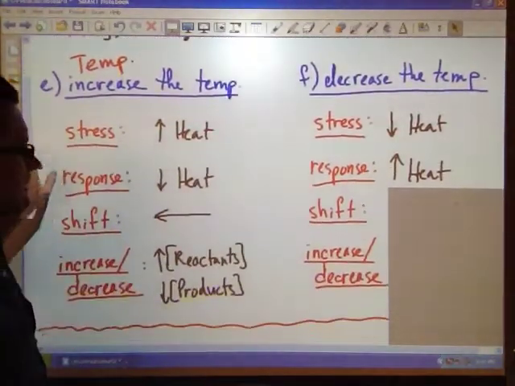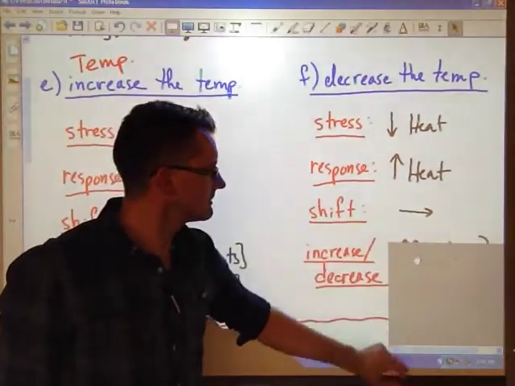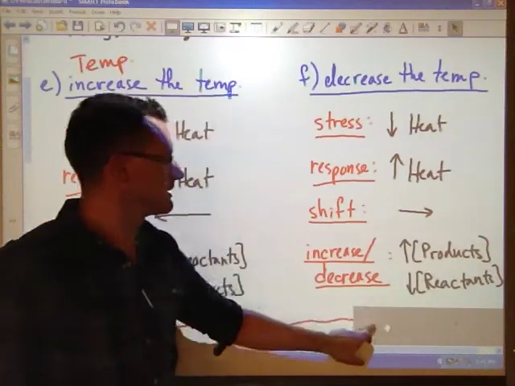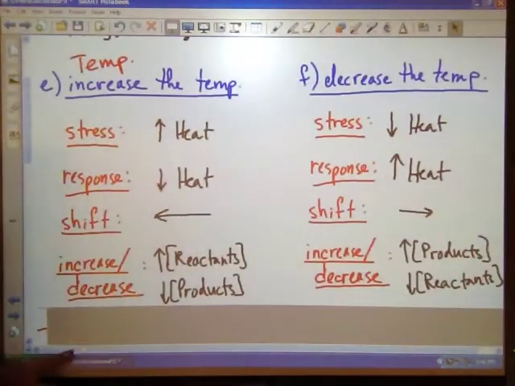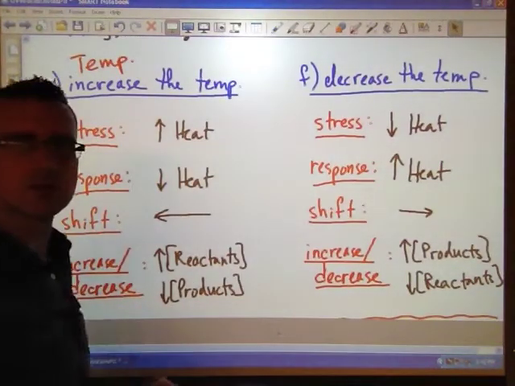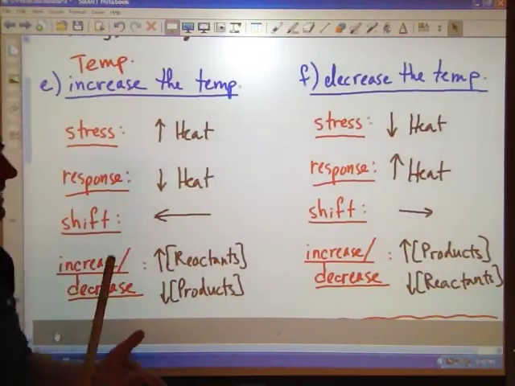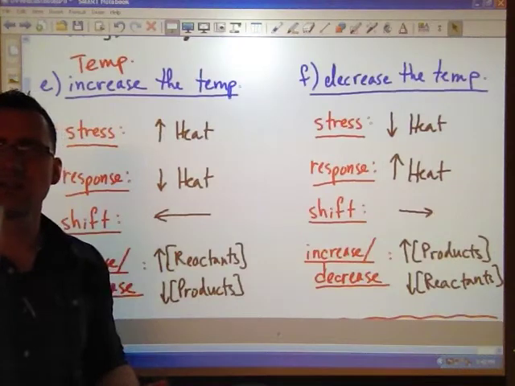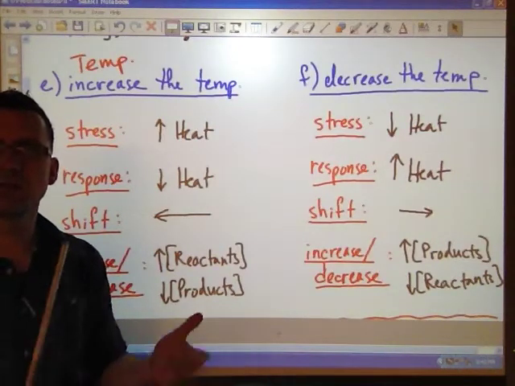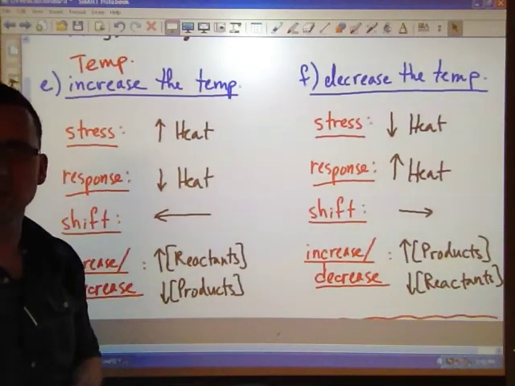So in this case, we'll have a shift to the right, and as a result, products will increase and reactants will be used up. Okay, so those are the 3 factors there. Changes in concentration, changes in pressure or volume, and changes in temperature.